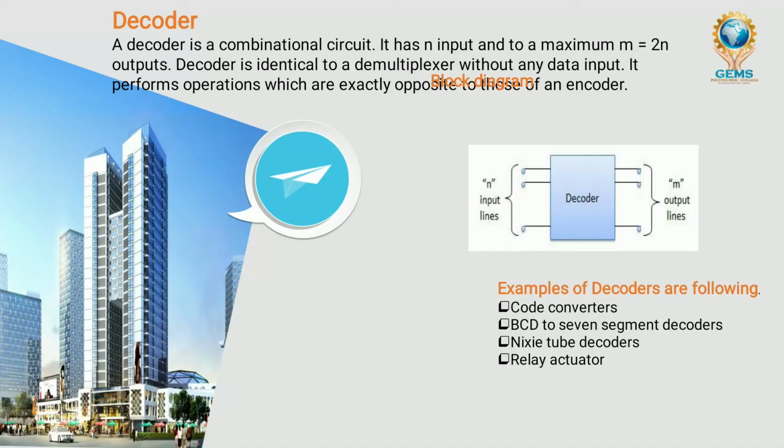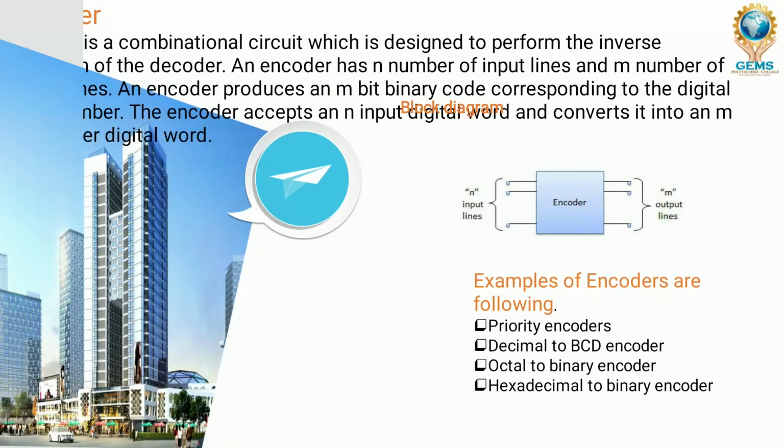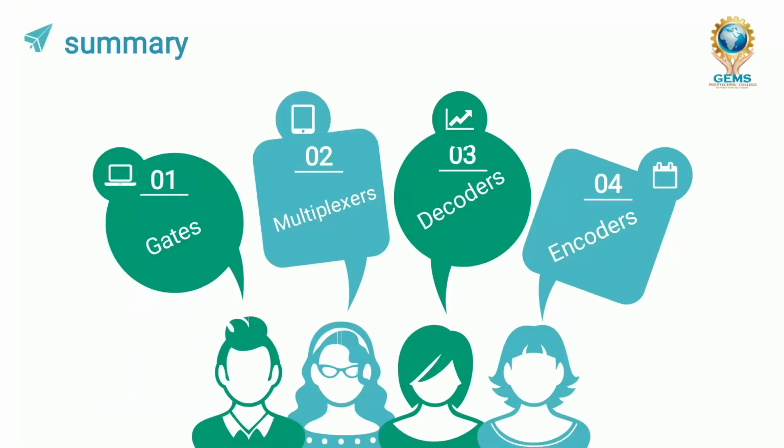It is quite the reverse of the encoder. So where are we using the decoder? I already mentioned it here. I hope that you understand this clearly. Till now we discussed gates, multiplexers, decoders and encoders.